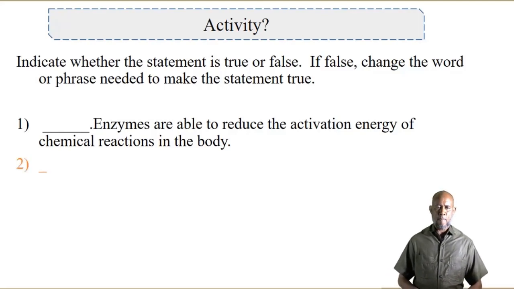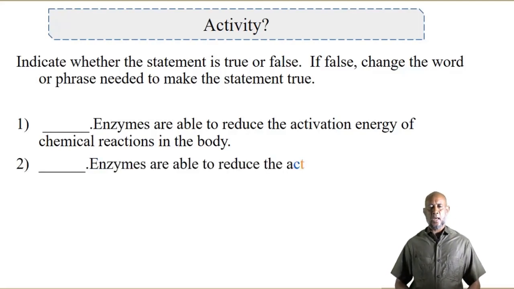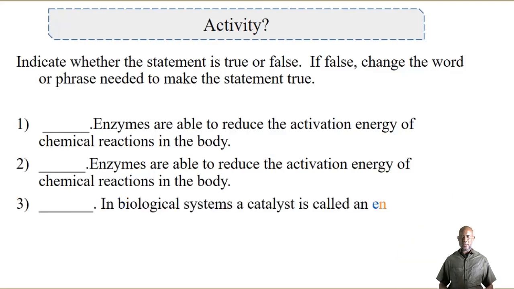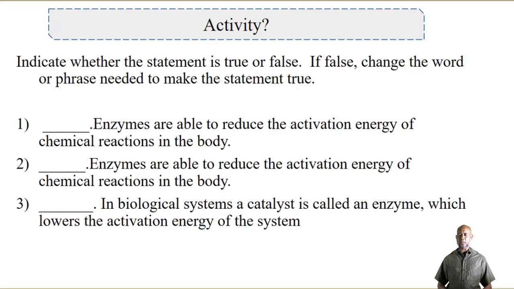The second question is, enzymes are able to reduce the activation energy of chemical reactions in the body. The third question: in a biological system, a catalyst is called an enzyme, which lowers the activation energy of the system.